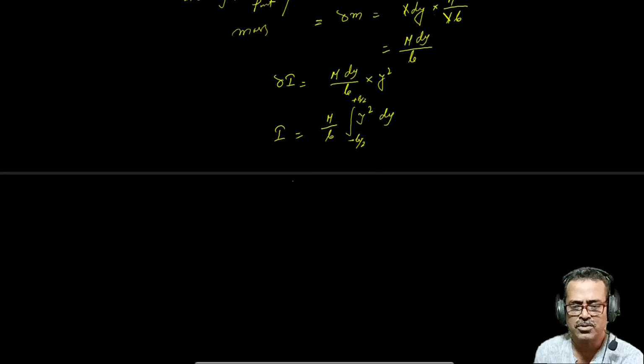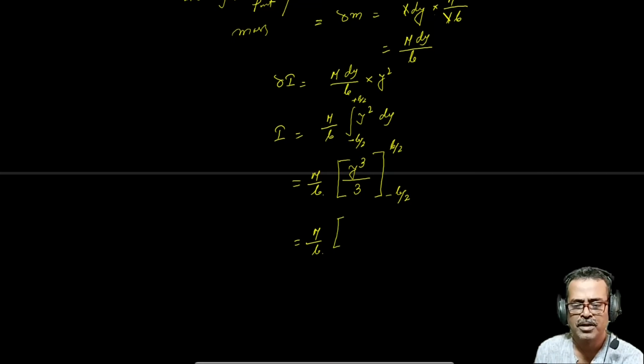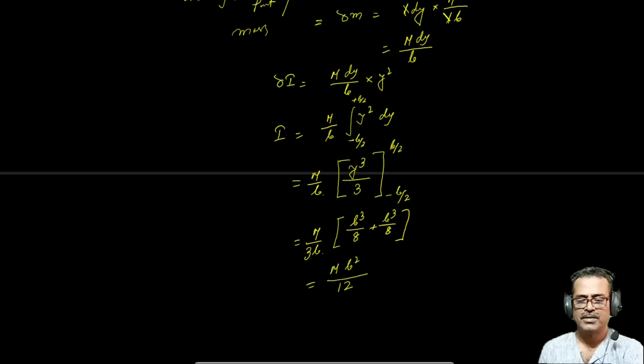That is M by B into y cube by 3 from minus B by 2 to plus B by 2, which is M by B into (B cube by 8 plus B cube by 8) divided by 3, which is equal to M B square by 12. That is 1 by 12 M B square.